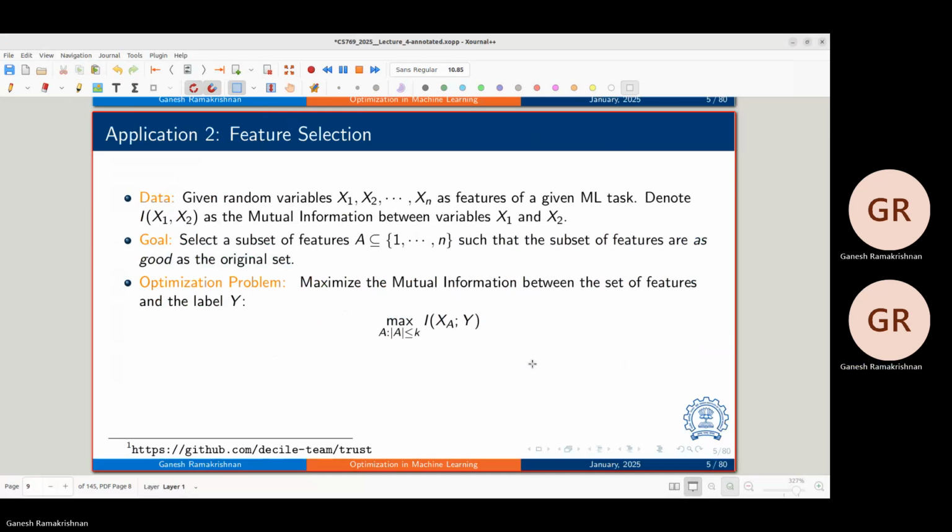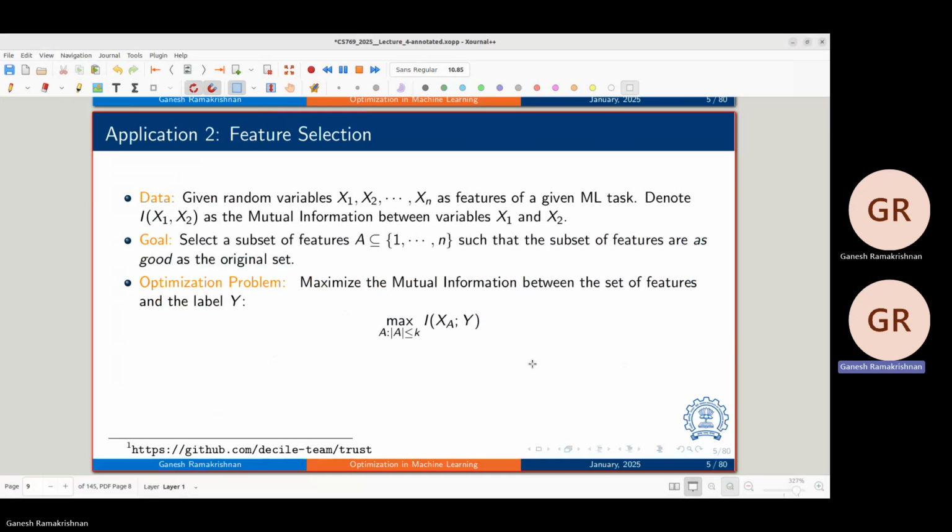So I have to subtract something from this then. You're saying I want to look at the joint entropy, the joint uncertainty, minus the uncertainty of each of those individually. Minus H of XA, minus H of Y. This is mutual information.